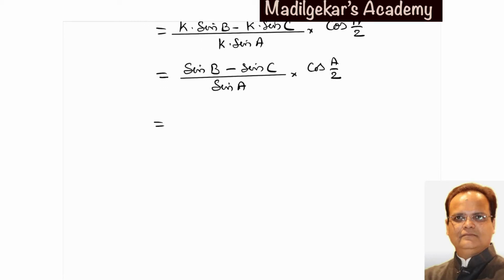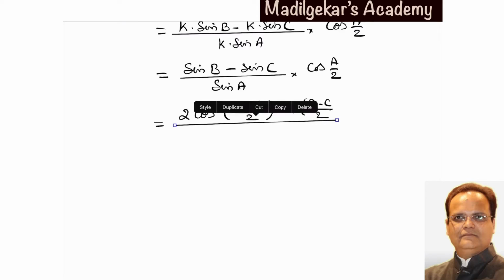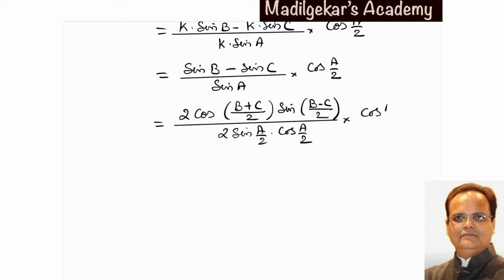In numerator, we can apply the formula of sine C minus sine D. Using that factorization formula, we have 2 cos of (B plus C) by 2 into sine of (B minus C) by 2. By half angle formula, denominator can be converted to 2 sine A by 2 into cos A by 2, into cos A by 2.